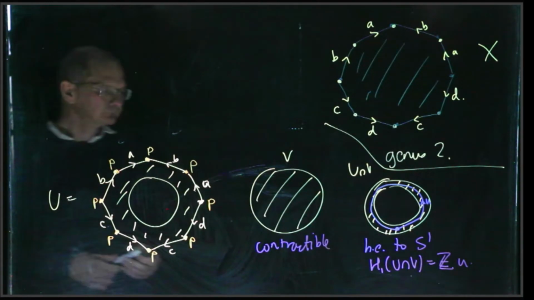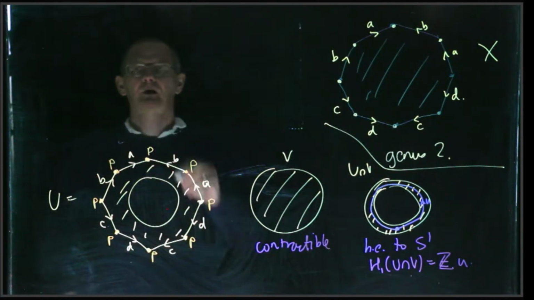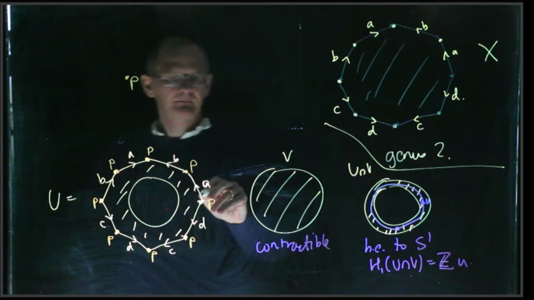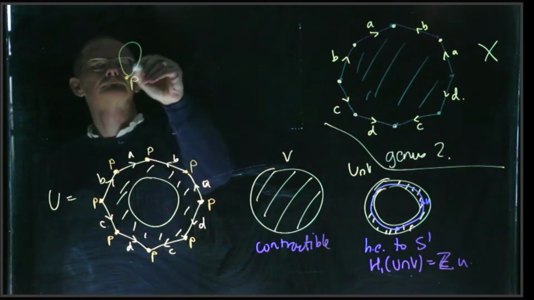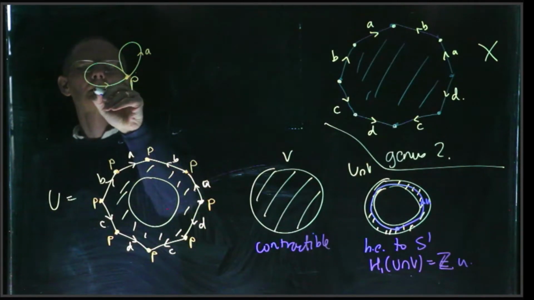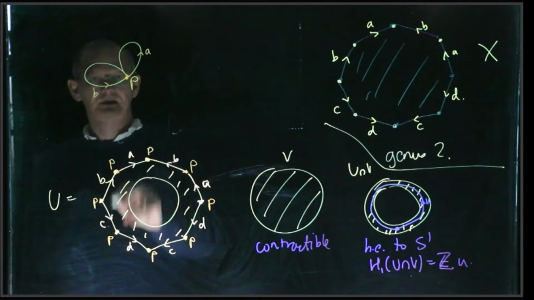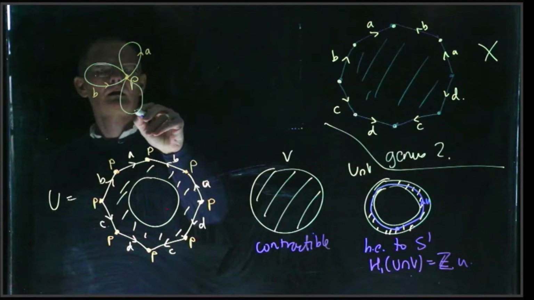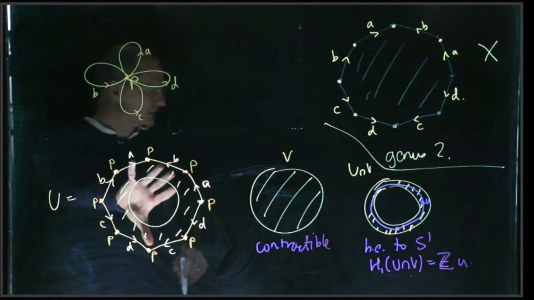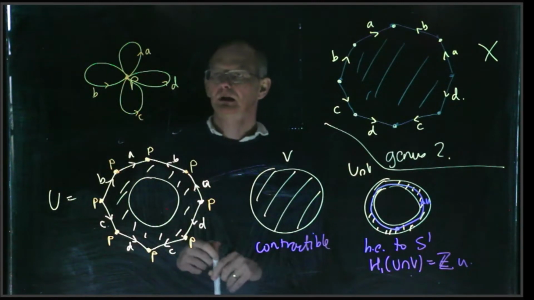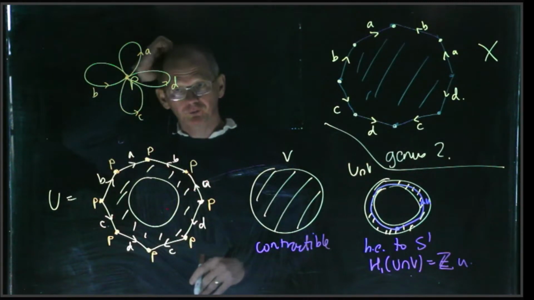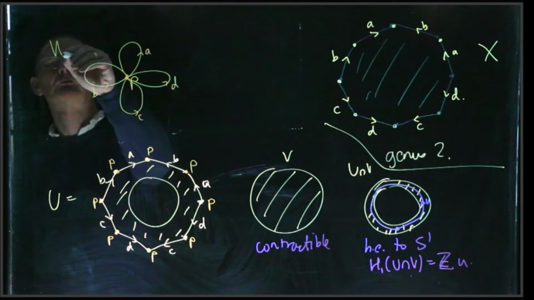So what happens when we look at these loops? Here we've got our P, and then we've got our A. A runs from P to P. And then here's our B, also running from P to P. Our C is going from P to P, and same with D. If we just look at the edges running around the outside of U, then what we get is a wedge of four circles joined at a point, which we were calling W4.